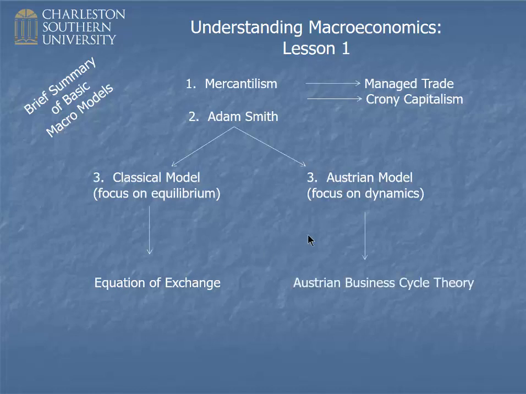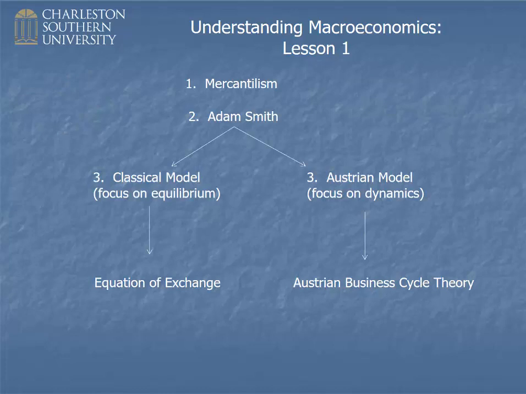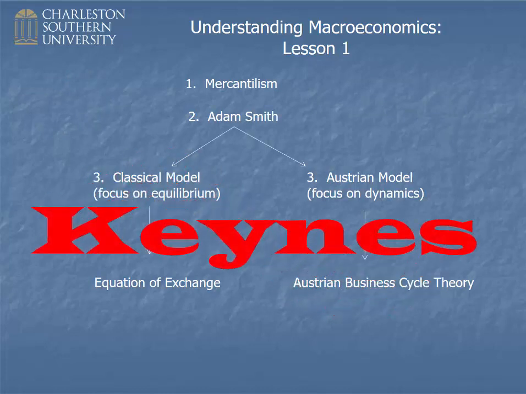From the Austrian model, we have this idea of the Austrian business cycle theory, where they talk about false signals coming to us principally from the central bank and low interest rates, causing businesses to invest in the wrong areas. And then, of course, Keynes comes on the scene and like a tidal wave washes over all the others, and everybody is slowly won over to this Keynesian idea.